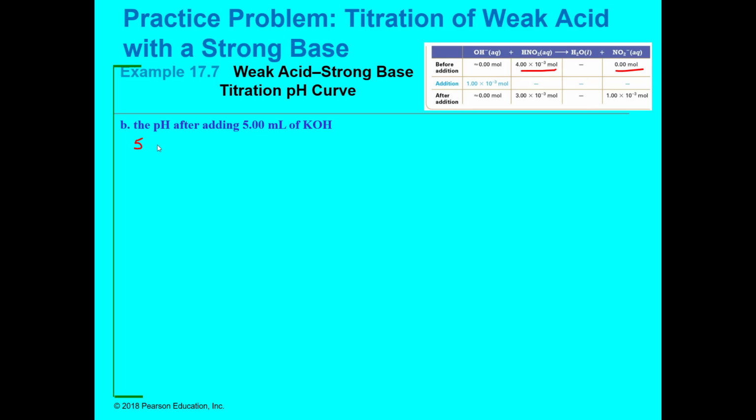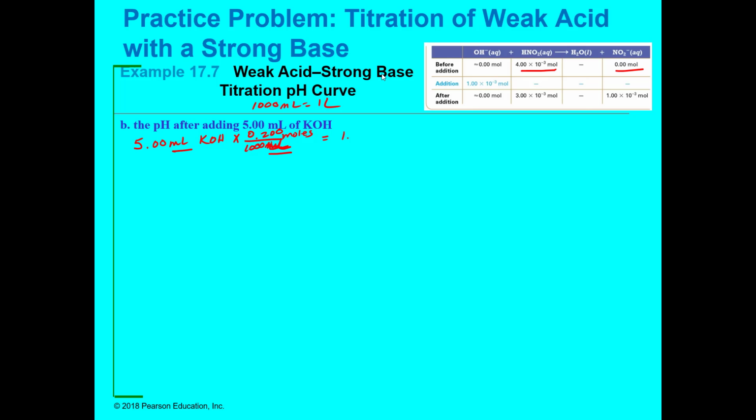So 5 milliliters of KOH times the molarity, which is 0.2 moles per liter, is going to give us, or I tell you what, this time I did it per 1,000 milliliters. You can do it either way, okay? 1 liter is the same as 1,000 milliliters, right?